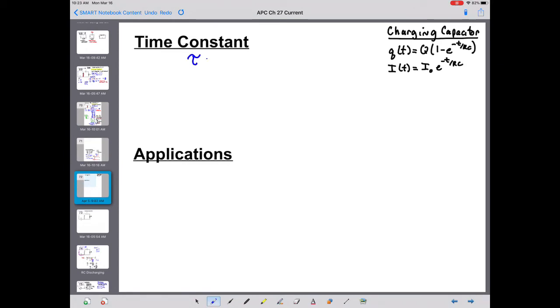Yes, it's a symbol for torque, but we use it for time constant also. That is equal to R times C. We name that a time constant because really that is what is controlling how this charges up or discharges. If you have larger R and larger C values, you're going to extend it out. If you have smaller values, you're going to increase the rate at which that charging process occurs.